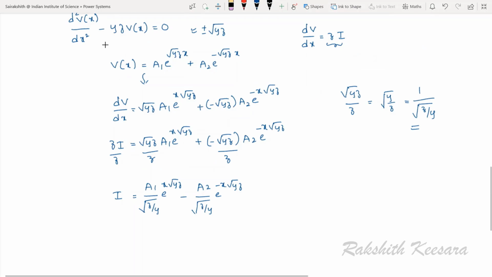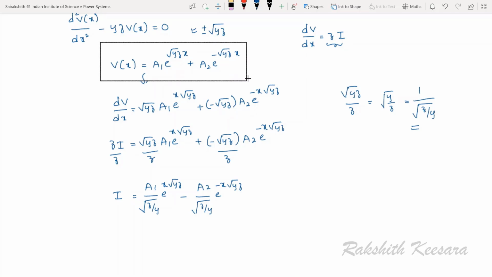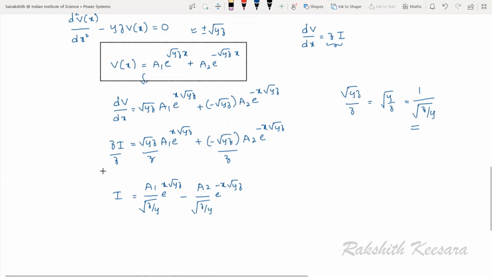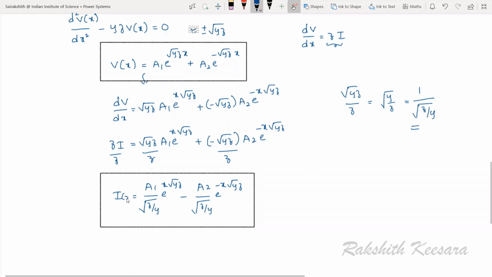So this is the equation for voltage, and this is the equation for current, and this will be I of x. Let me put this in one page.